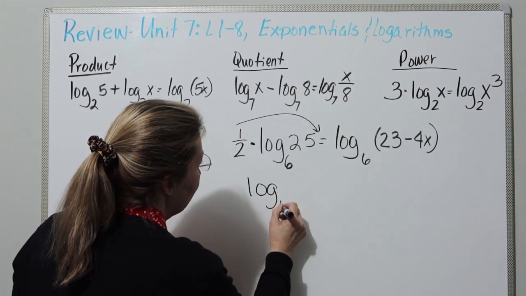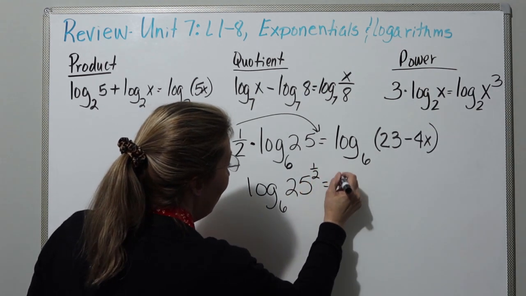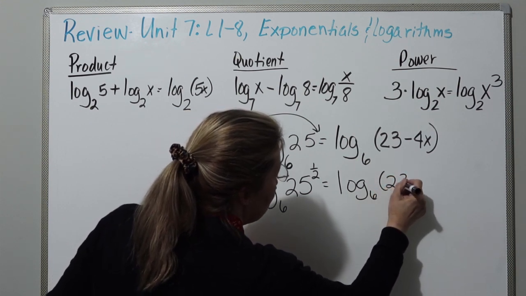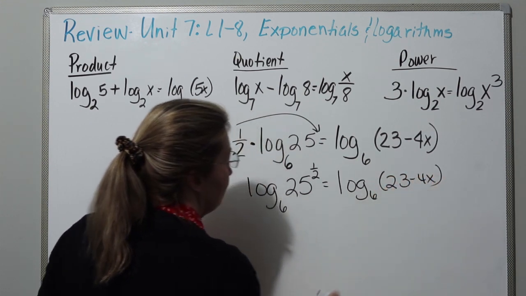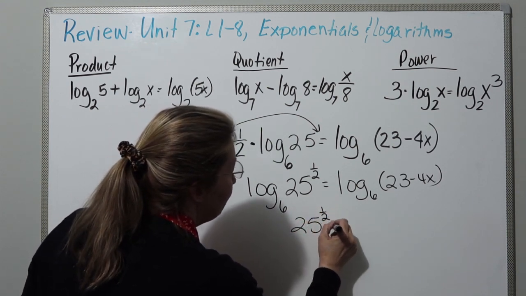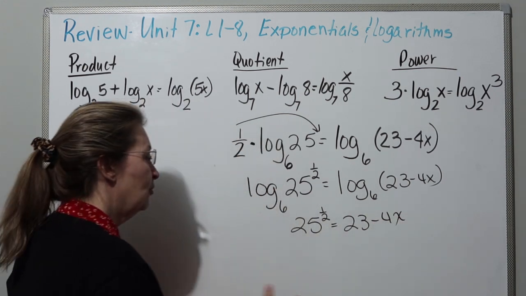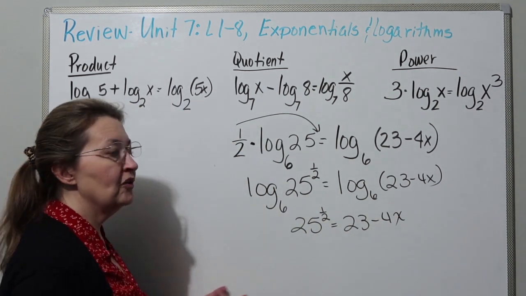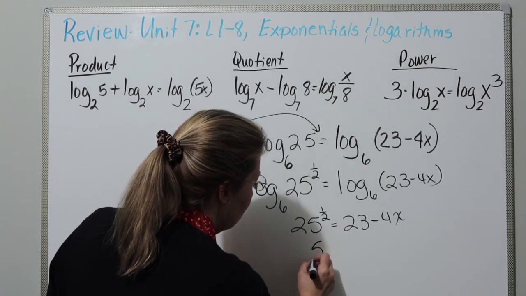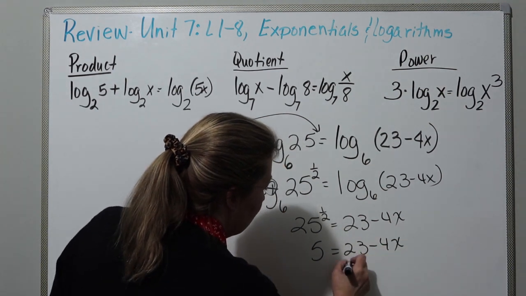So now I have log base 6 of 25 to the 1/2 power equals log base 6 of 23 minus 4x. My 1-to-1 property tells me 25 to the 1/2 is equal to 23 minus 4x. I'm ready to simplify. 25 to the 1/2 power is like the square root of 25. So this is going to be 5 equals 23 minus 4x.